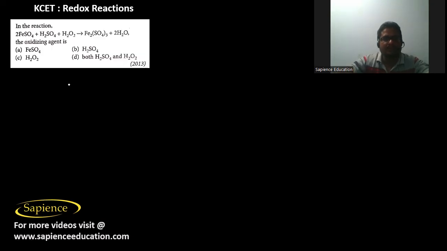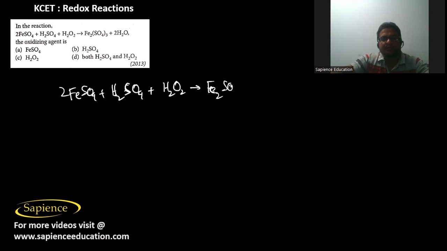Then here it is told, in the reaction FeSO4 plus H2SO4 plus H2O2 gives Fe2(SO4)3 plus 2H2O, so here the oxidizing agent is, so here iron is in +2 state, here iron is in +3 state.